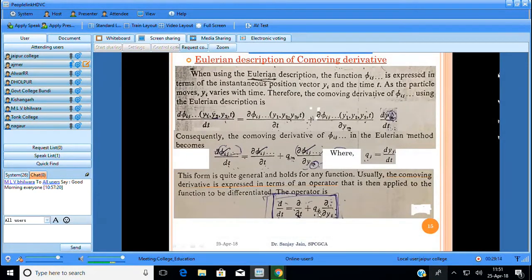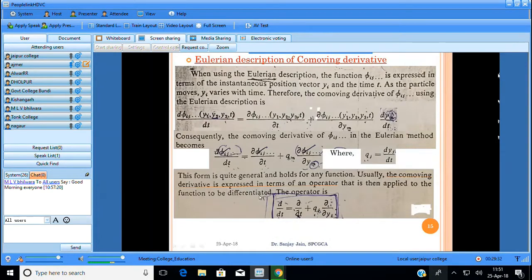Here qm, I have written q1, del by del yi. If this is i, then this is i; if this is j, this is j; if this is m, this is m. Whichever yi variable you have taken, both are the same.